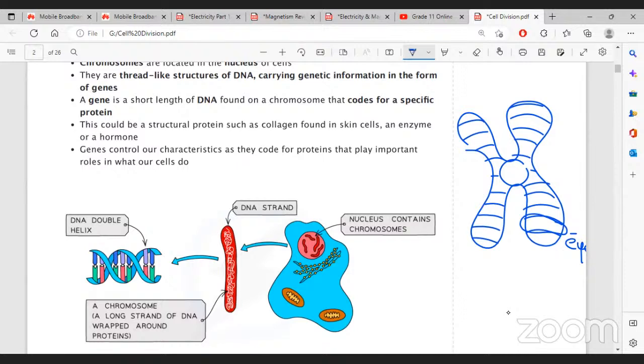Genes control our characteristics as they code for proteins that play an important role in what our cells do. For example, melanin is a skin pigment made of proteins. Right? And those skin pigments are proteins. So they are proteins that have been coded for by a certain DNA. So a DNA makes.